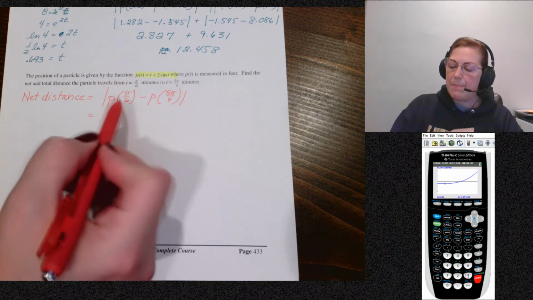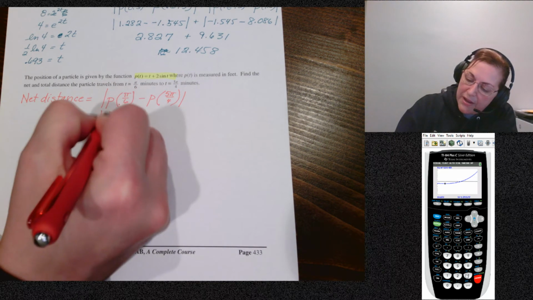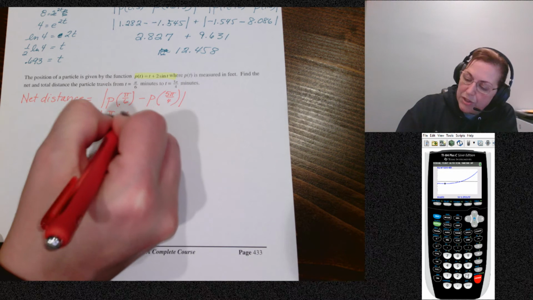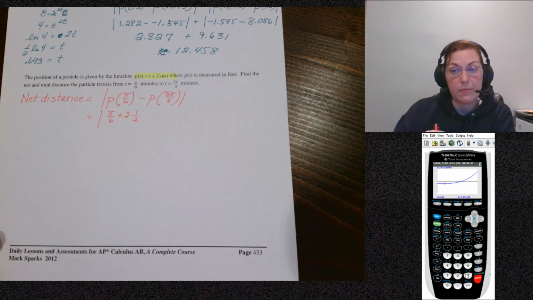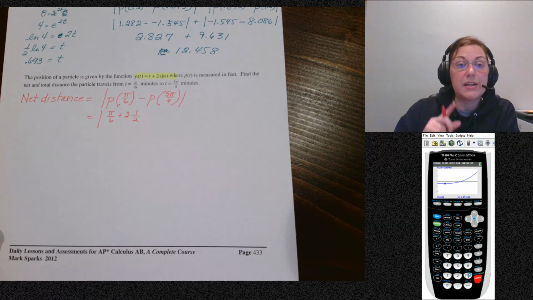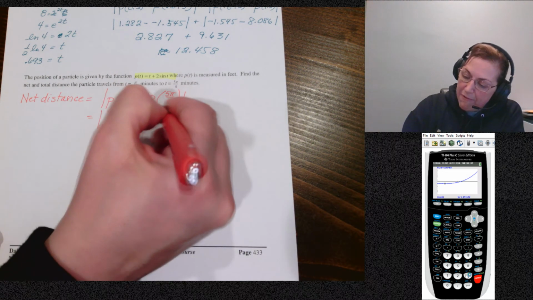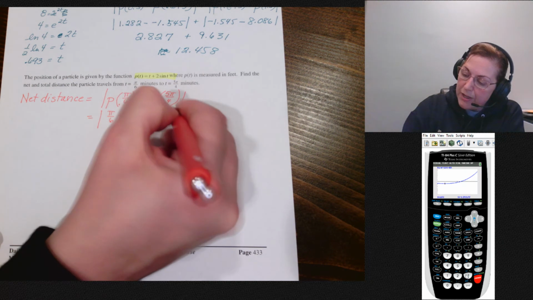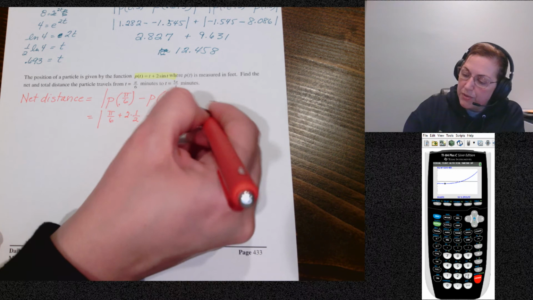So pi over 6. So I've got position there is going to be pi over 6 plus 2 times 1/2. If you need to draw your reference triangles to do that trig, please do. Minus, and then I've got 5 pi over 4 plus 2 times negative square root of 2 over 2.